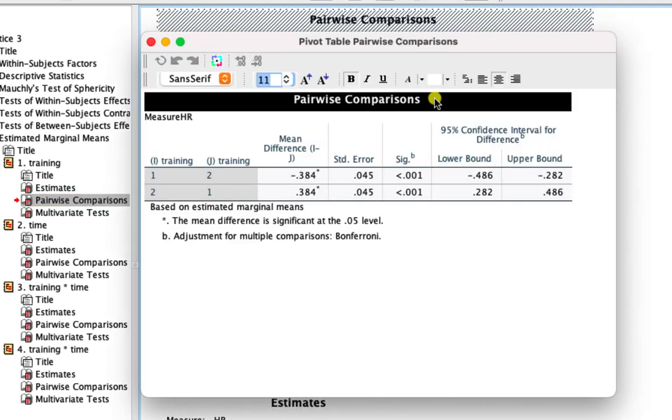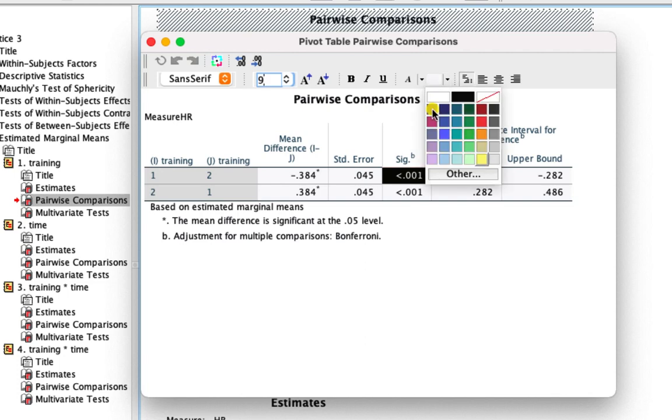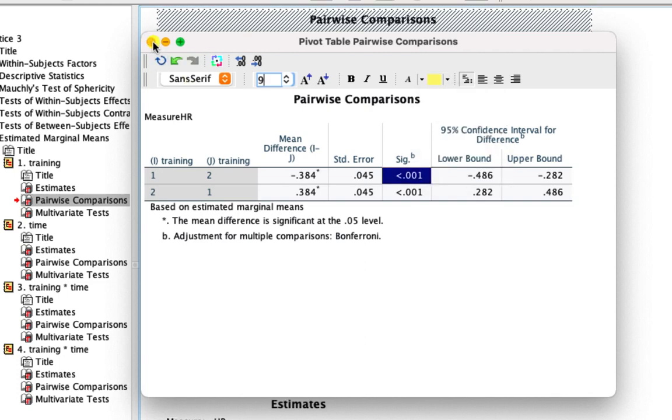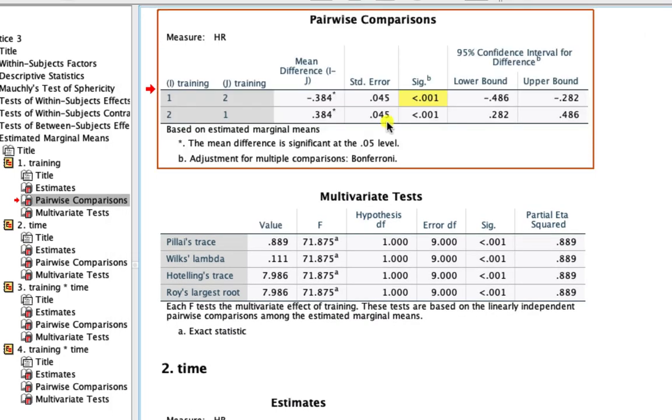In our table, again, you can see the redundancy in the p-value. So we get a p of less than 0.001, which indicates there is a significant difference between continuous training and interval training for the heart rate measurement.